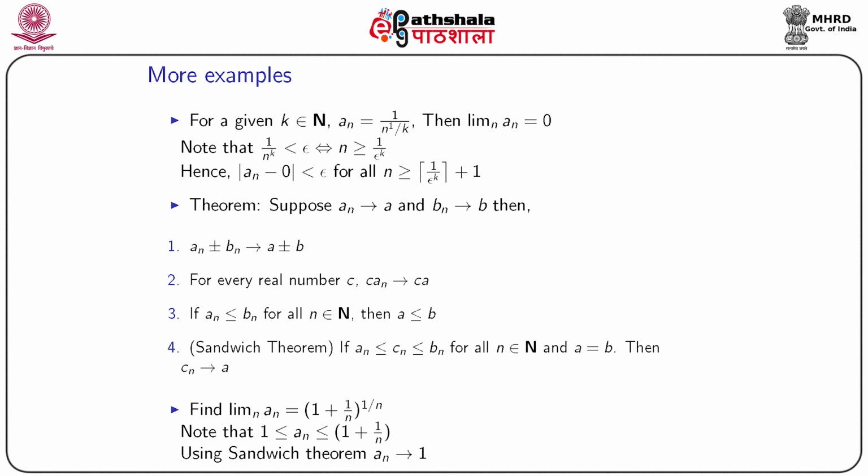If a_n is less than or equal to b_n for all n belonging to the set of natural numbers N, then a is less than or equal to b. And the last result, that is very important, is called the sandwich theorem.